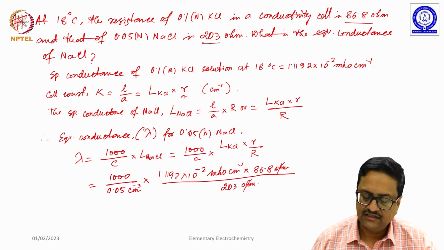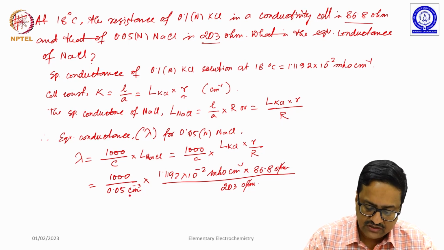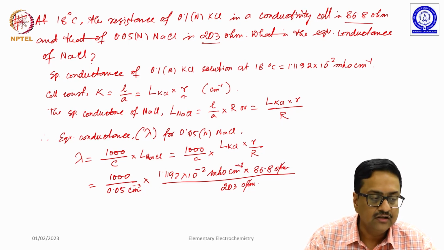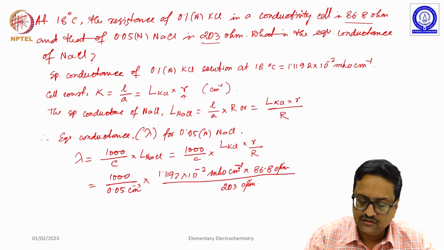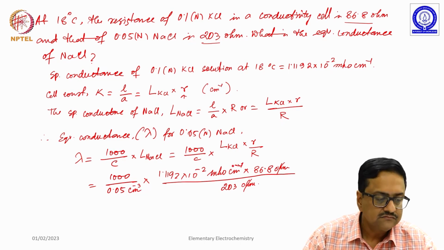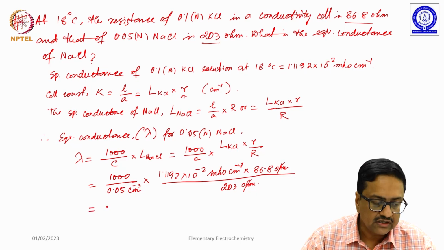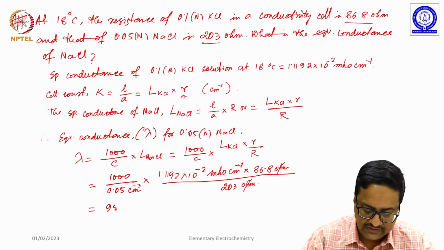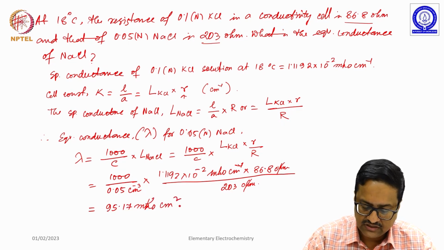So this gets cancelled, and from centimeter to the power minus 3 and centimeter inverse, we have centimeter square. So the value turns out to be 95.17 mho centimeter square.